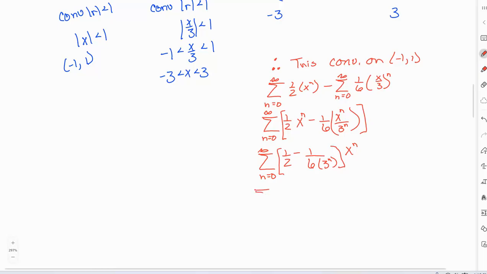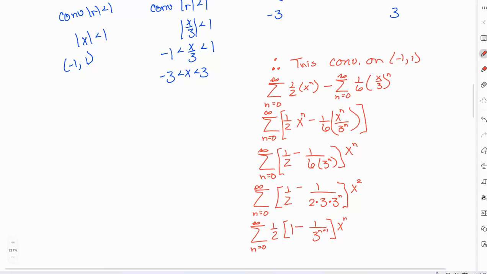In fact, if we wanted to, we could take that just a little bit further. So this is a 1/2 minus, and if we think about what 1/6 is, 1/6 is really 1 over 2 times 3. And then we have a 3 to the n times x to the n. And you can see how we have a 1/2 in common. So if I pull that 1/2 out also, that's going to leave me with a 1 minus 1 over 3 times 3 to the n, which is 3 to the n plus 1, times x to the n.